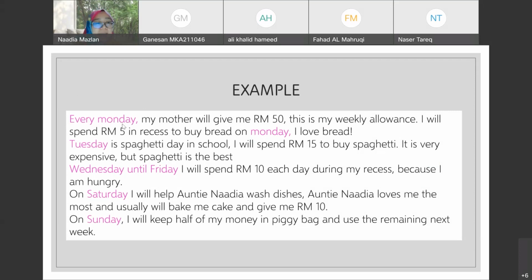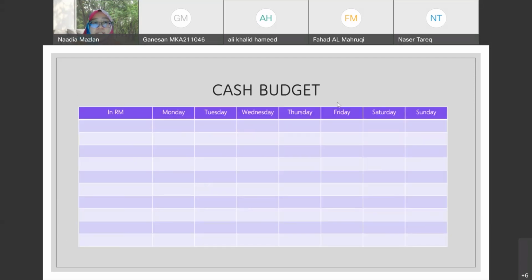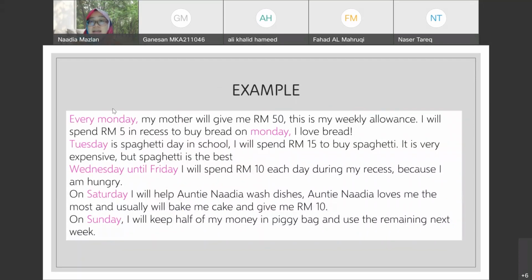So every Monday, buy bread on Monday, Tuesday, Wednesday, Friday, Saturday, and Sunday. We'll put it inside your cash budget: Monday, Tuesday, Wednesday, Thursday, Friday, Saturday, and Sunday. So that is the when, the date.